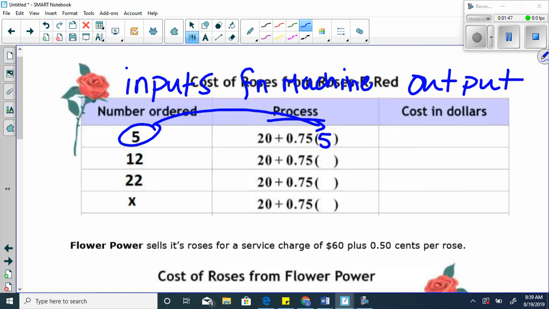This says that it's going to be $20 plus 75 cents per rose I order. That's what this machine says. It's just a base fee of $20 plus 75 cents per number you order.